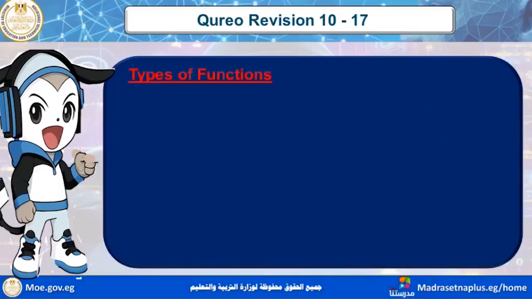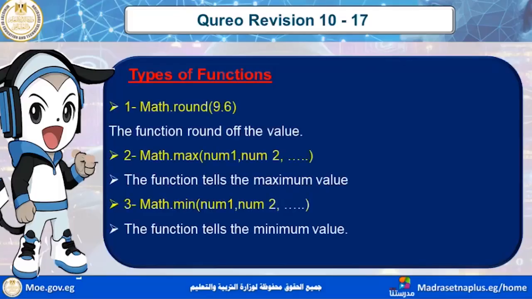What are the types of functions? Of course, we have many types, but here we have math functions. Math.round 9.6. What should the function round do?